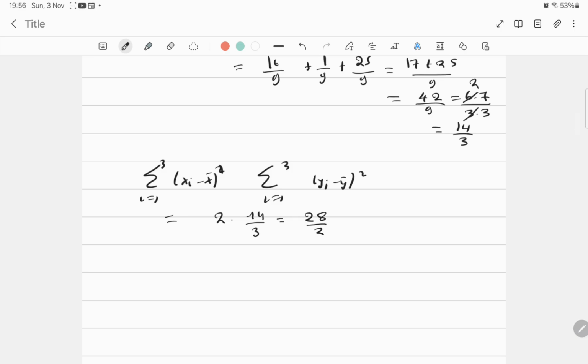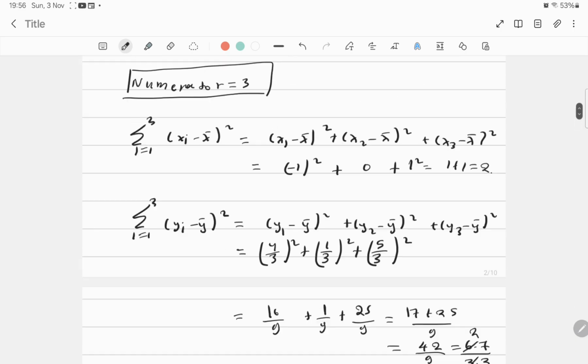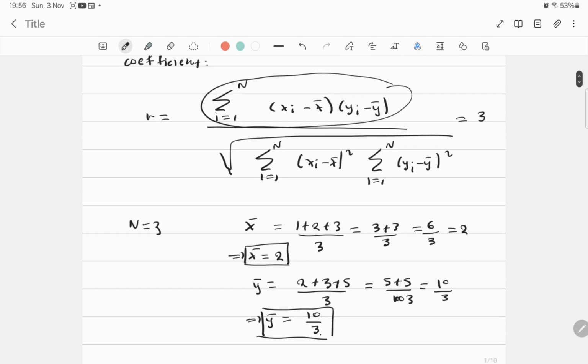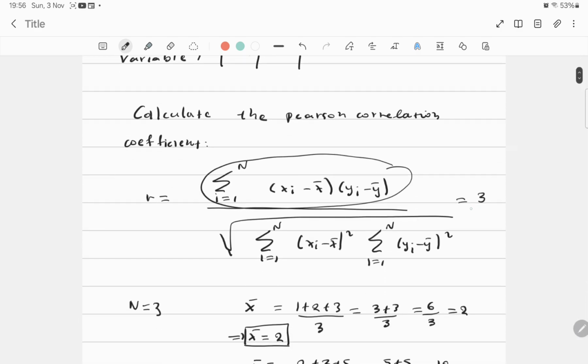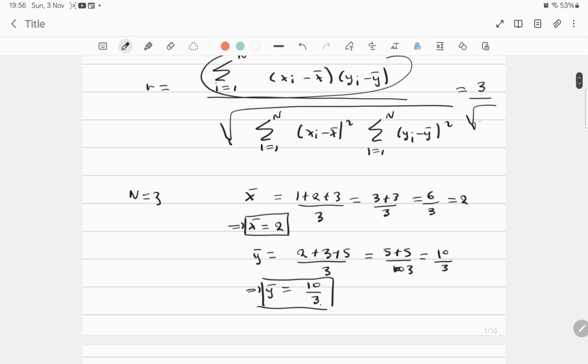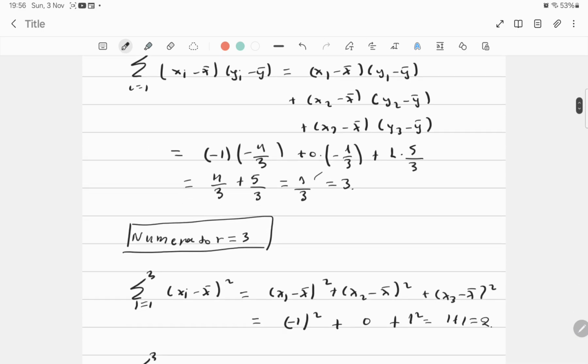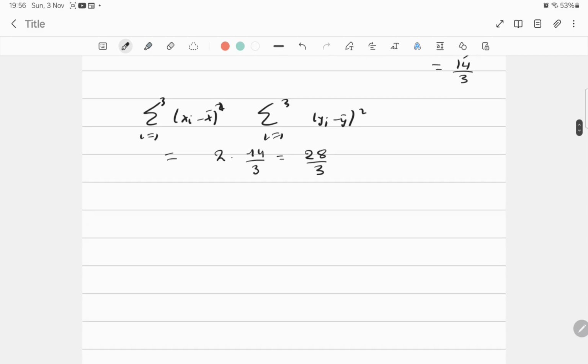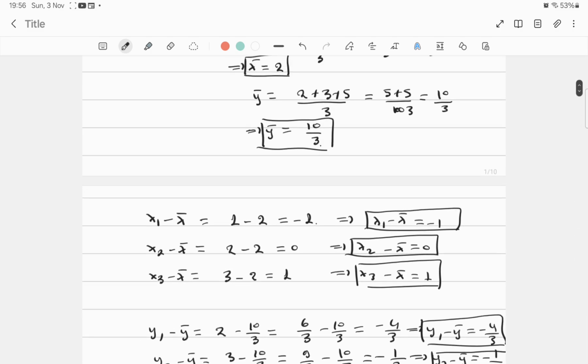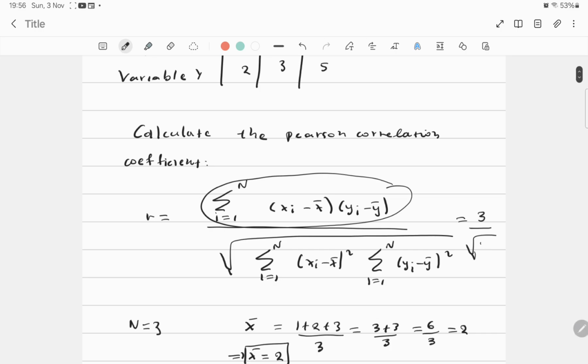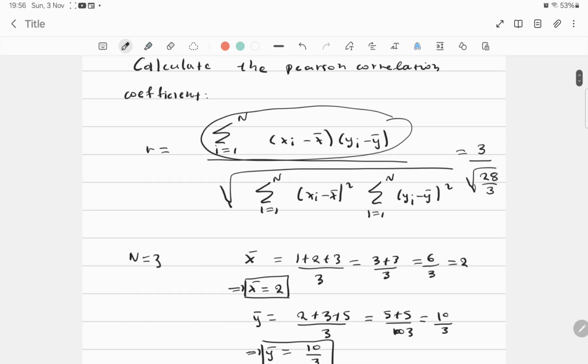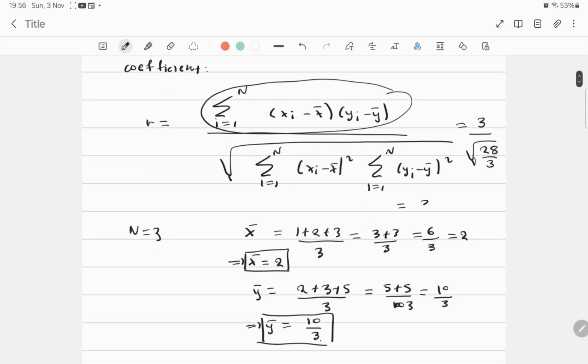That's 28/3. So let's go back here. It is 3 divided by the square root of 28/3. So that's 3 times the square root of 3 over the square root of 28.